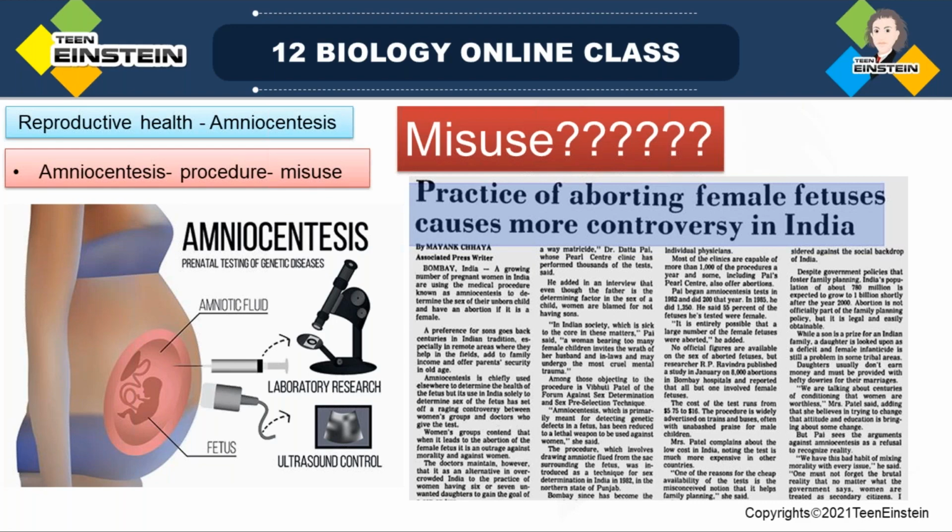Based on that, you can make out whether it is a baby boy or girl, and there is a tendency to kill the baby. If the growing fetus is female, there is a tendency to abort that pregnancy. So mainly it is legally banned.